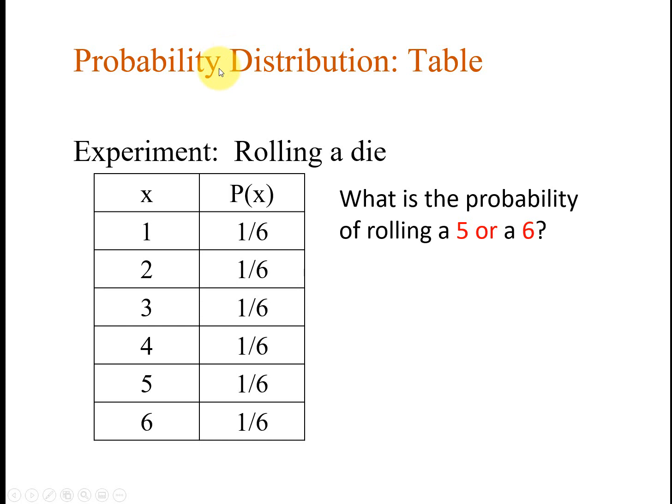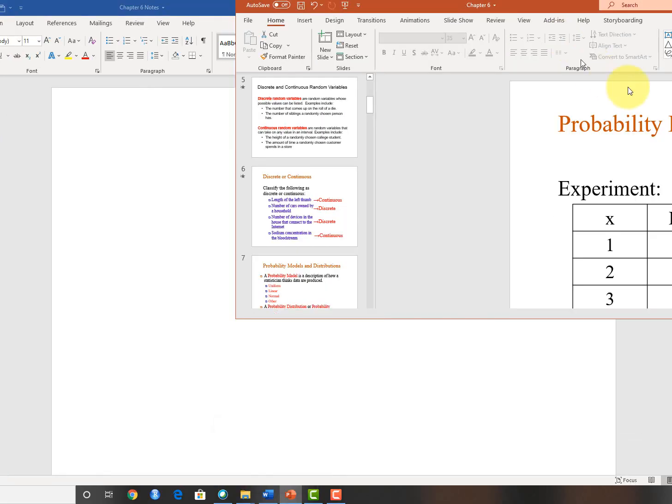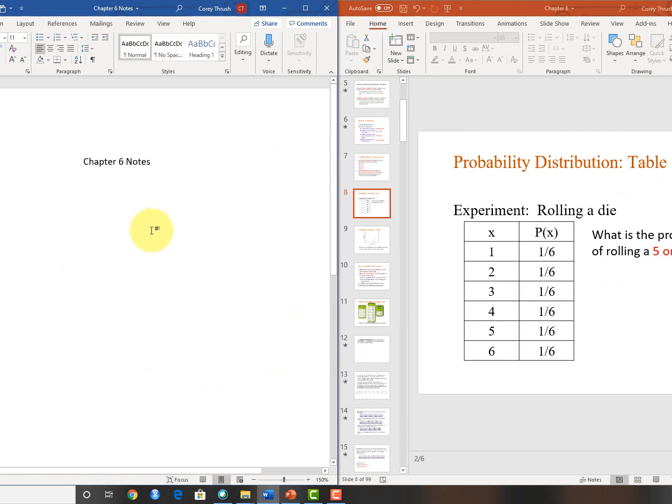For this probability distribution, what is the probability of rolling a 5 or a 6? We should know this from our previous chapter. So we're looking for the probability of a 5 or a 6.